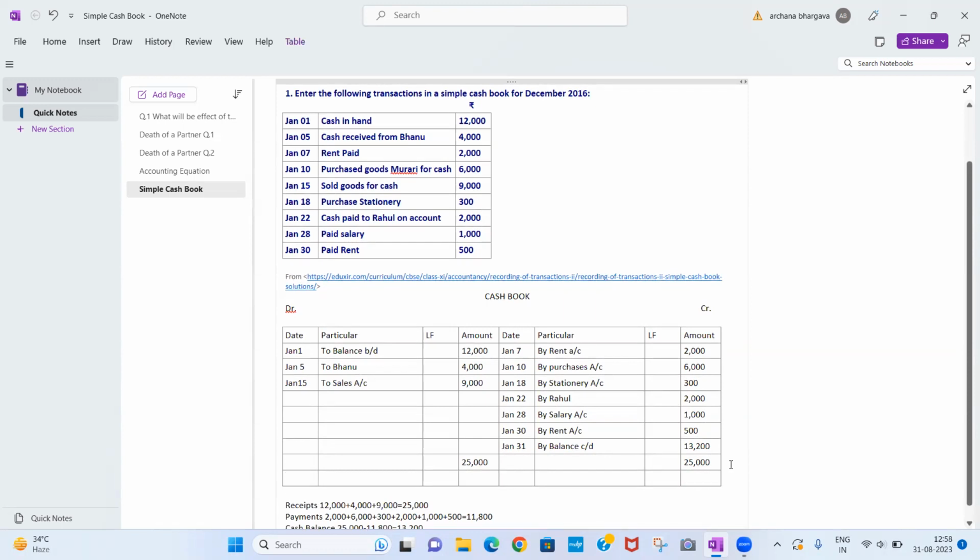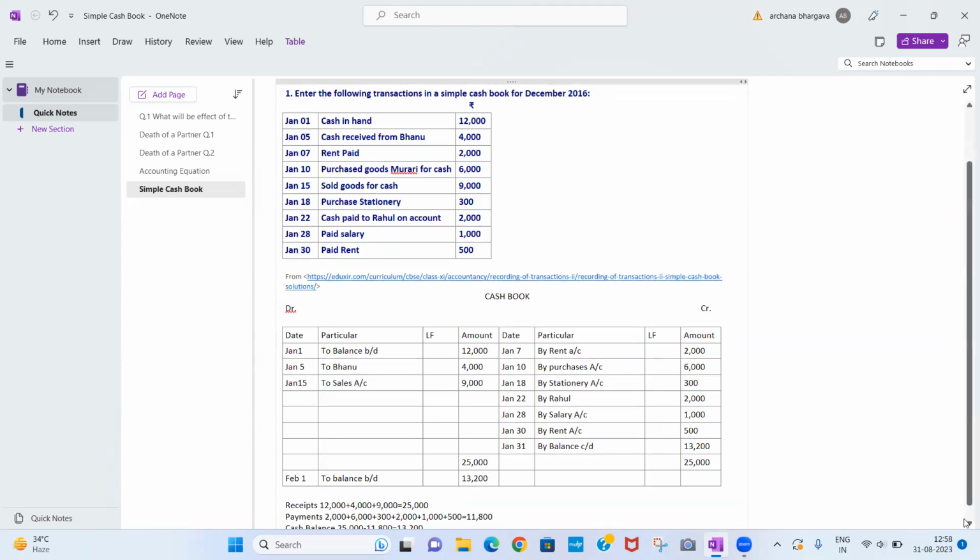Now the balance will be transferred to the next month. And the next month is what? That is February 1st. And again, we'll leave the balance here. This is to balance what? Brought down. How much balance is brought down for the next month? That is 13,200 rupees. Now the month of February will start with cash in hand of rupees 13,200.